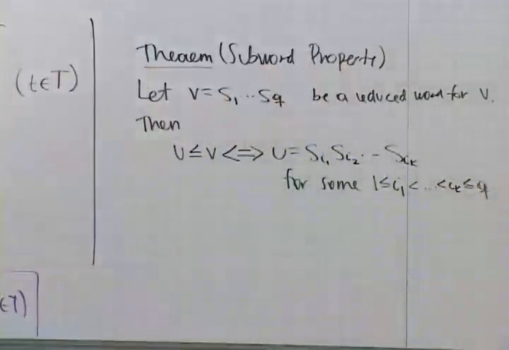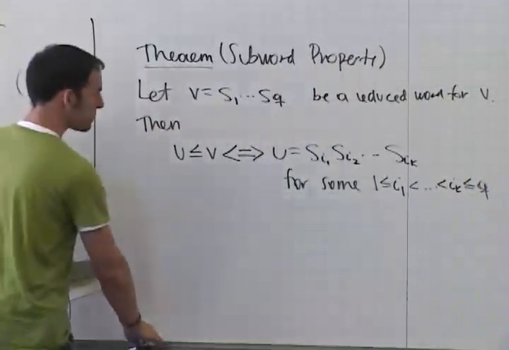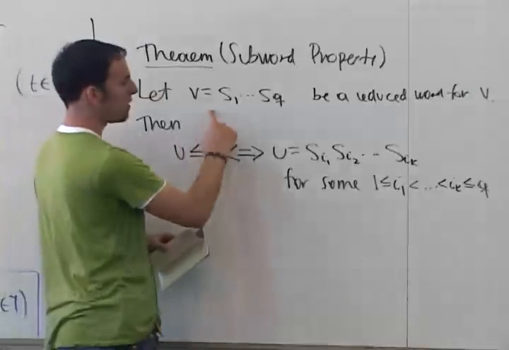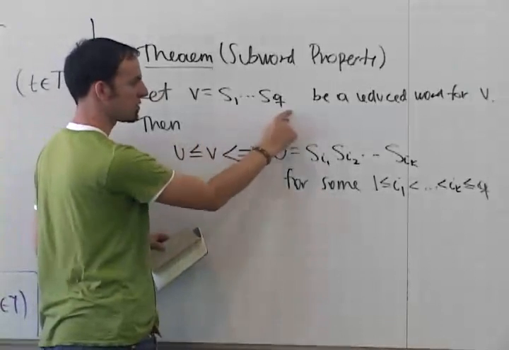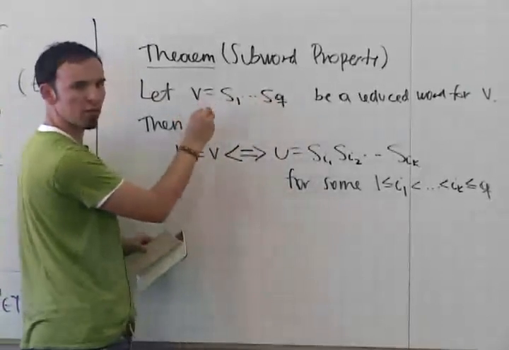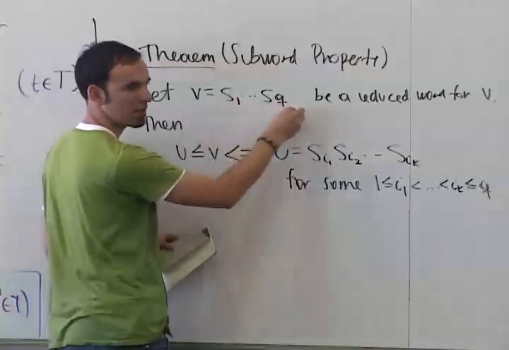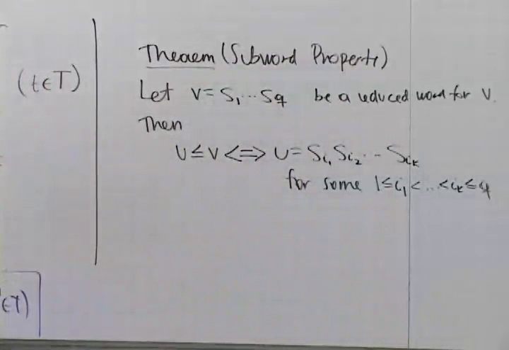Okay? So if you want to know which are all the elements of the Coxeter group that are less than this one, you just have to take an ordered subword. Take a letter, take a letter, take a letter, and that's less than V, and nothing else is less than V. Okay?